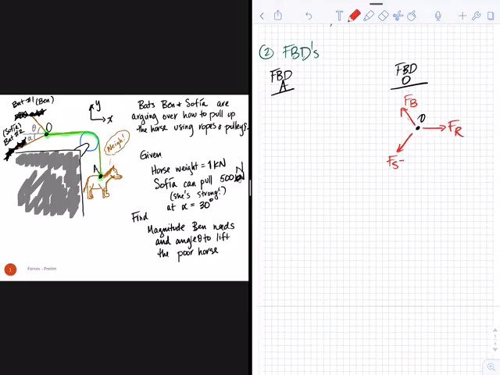Now FS is known in magnitude and in direction, so we know that this angle is 30 degrees. We do not know theta, we do not know FB, and technically at this point we don't know FR.